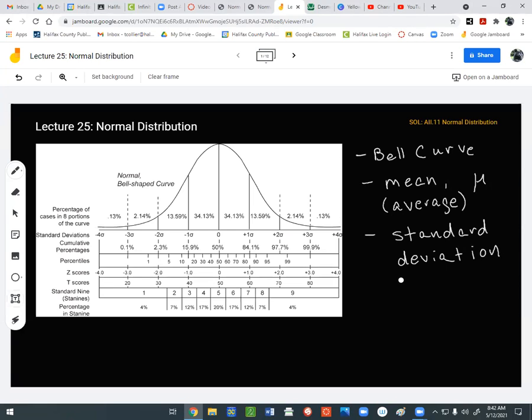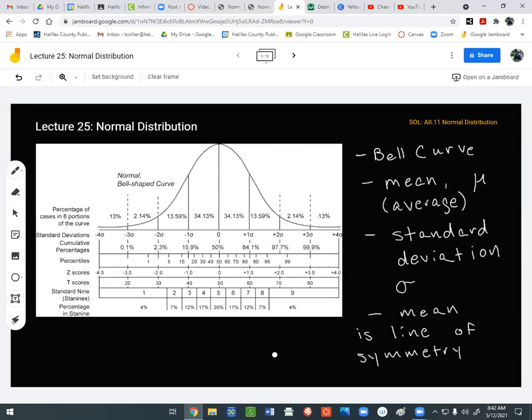The symbol for this is the Greek letter sigma. The mean is going to be the line of symmetry. And when I say line of symmetry, I'm talking about the middle line that divides the curve in half.